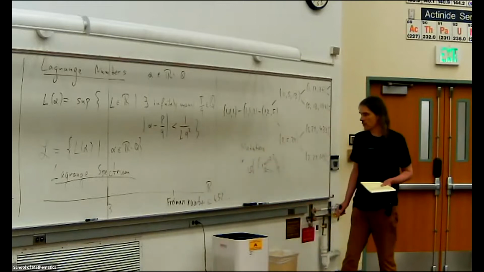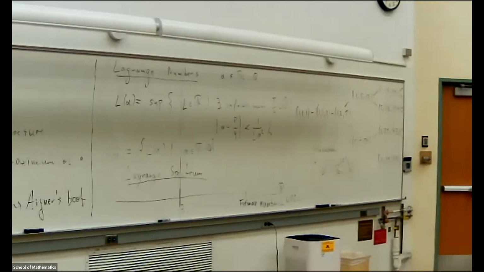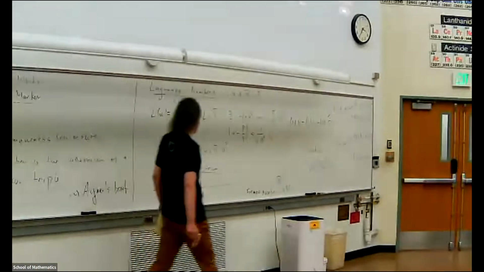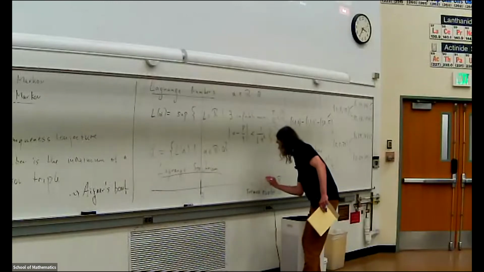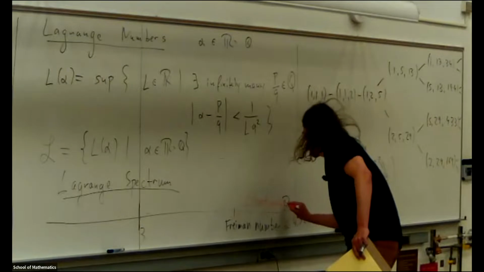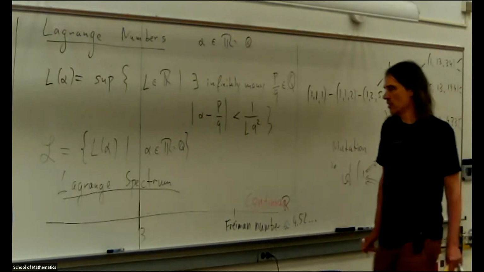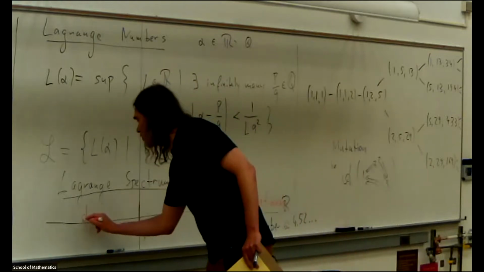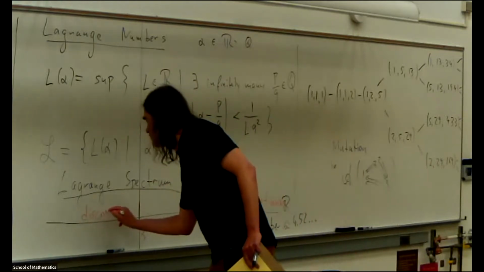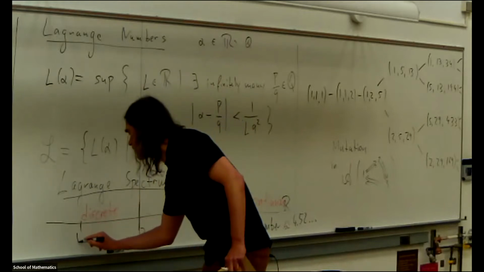And then this spectrum is continuous once you're on the right-hand side of this Freiman number. So past this point, every number is a Lagrange number. It is discrete before you come to 3. The smallest here is square root of 5.